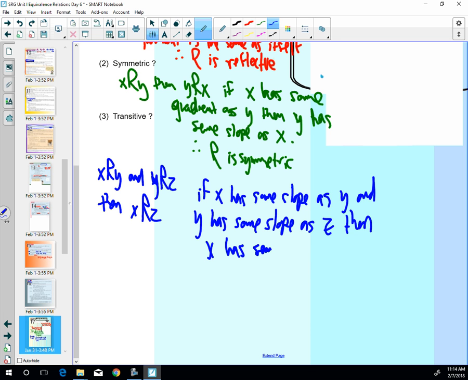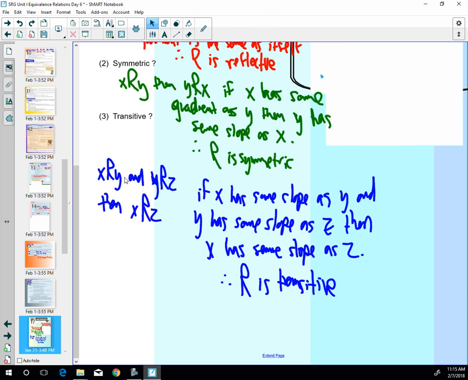X has the same slope as Z. Therefore, R is transitive. We have one more thing to write. Do you know what it is? Yep.